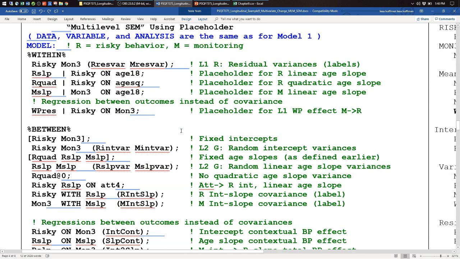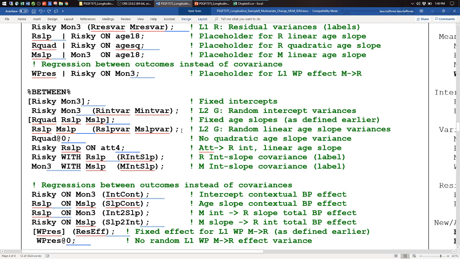The code looks remarkably similar, and since we're about out of time, I will point out the places where it differs. Here's my level 1 relationship. It used to be a covariance. Now I'm treating it the same way as the others, where beta 3 is within-person res, so I'm saying that's my within-person residual relationship, and it is defined as a regression of risky on monitoring.